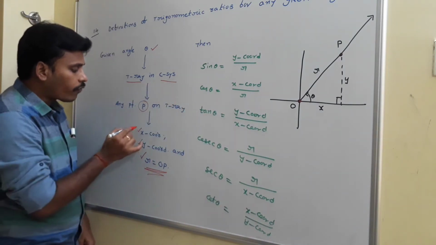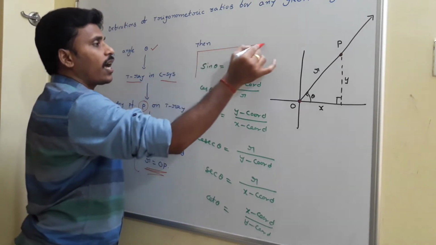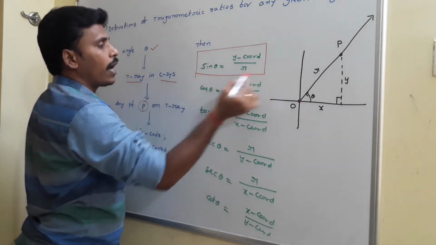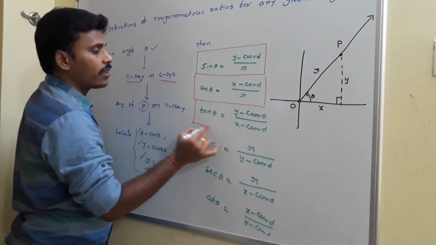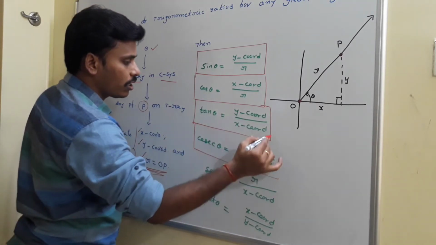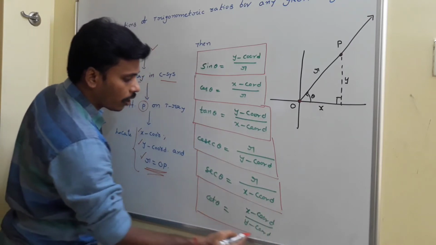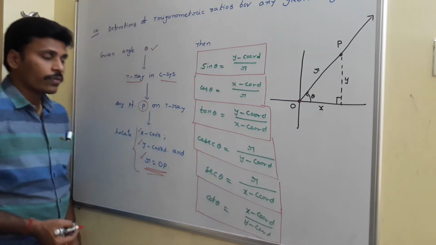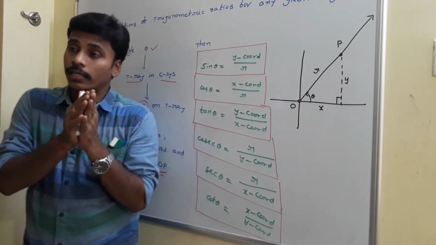Now after having x, y and r, you need to define sin theta equals y coordinate by r, cos theta equals x coordinate by r, tan theta equals y coordinate by x coordinate, and this is cosecant theta, this is secant theta, whereas this is cot theta. Have a look at this. Once again I will give you a brief explanation.